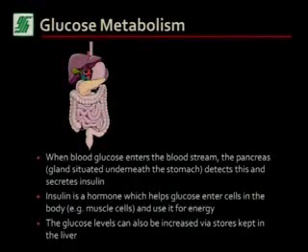Insulin is a hormone secreted by the pancreas, and it helps glucose enter cells. Glucose acts as an energy source when it's in the cells. So the glucose needs to enter cells to be of any use to the body, and insulin helps glucose enter cells to use it for energy.